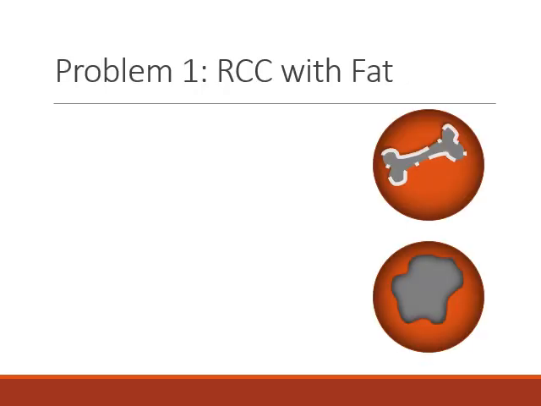We've established that AMLs contain fat because it's in the name, and macroscopic fat in a renal lesion is virtually diagnostic of AML. But the first problem is this, that some renal cell carcinomas can also contain fat. So what's the solution? Well, it all comes down to why an RCC will contain fat.